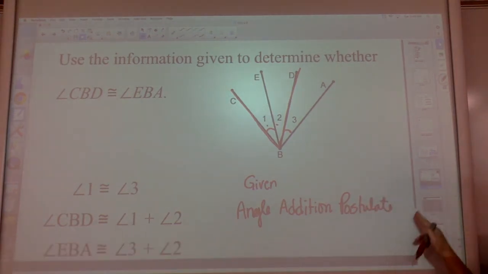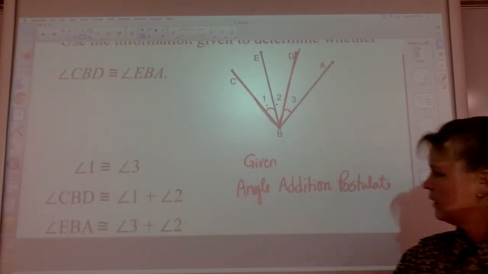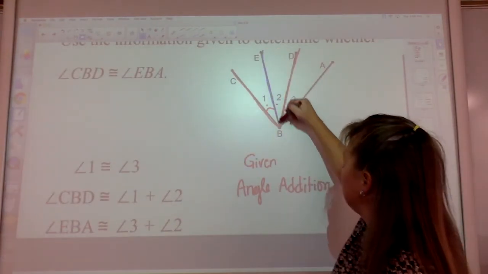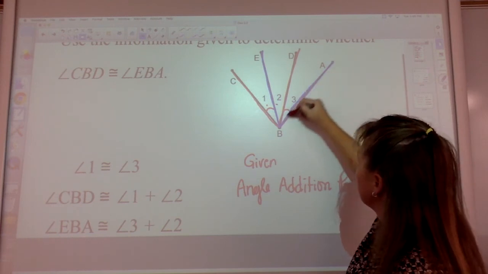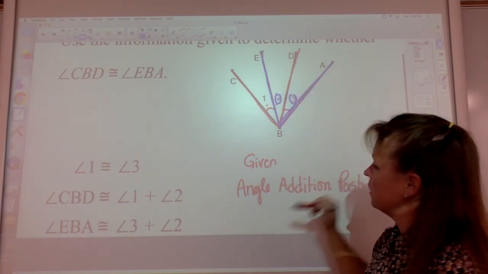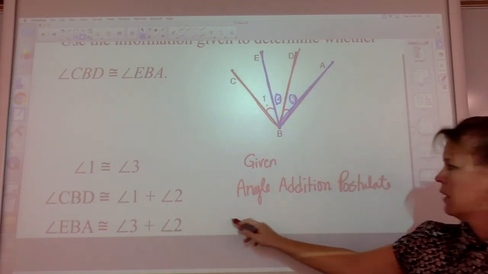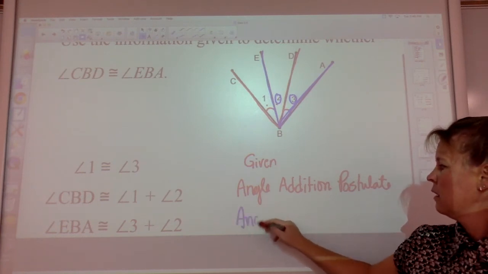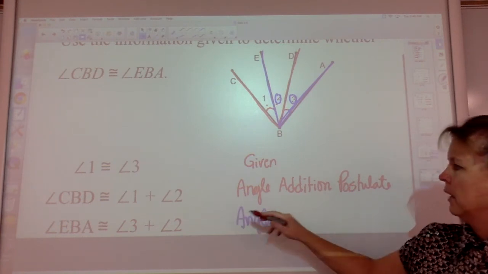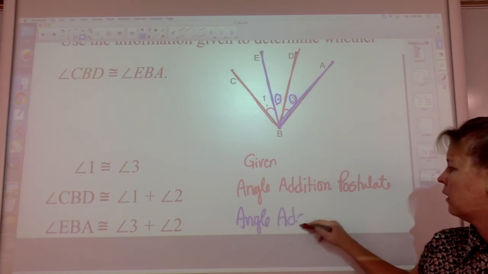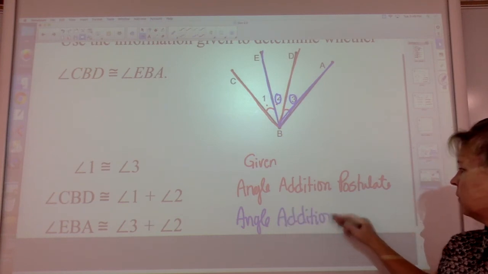But so does angle EBA. If I trace angle E to B to A, that's a combination of little angles 2 and 3. A little angle 3 and a little angle 2, when added together, make a big angle EBA, another angle addition postulate.